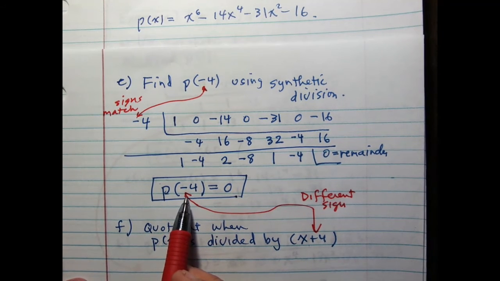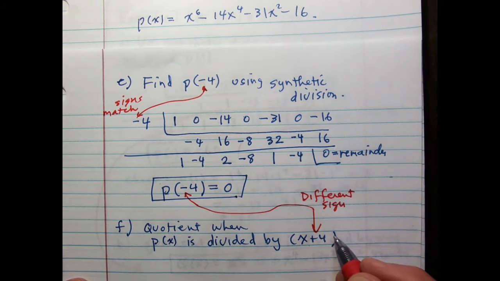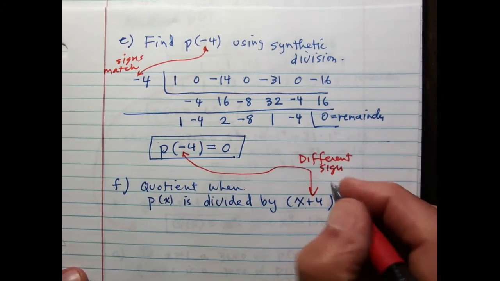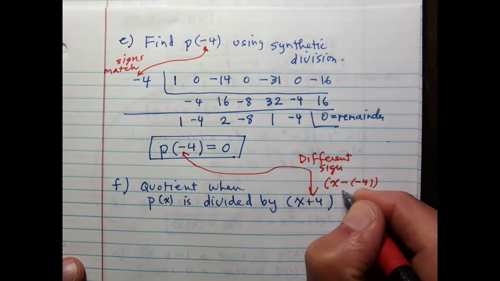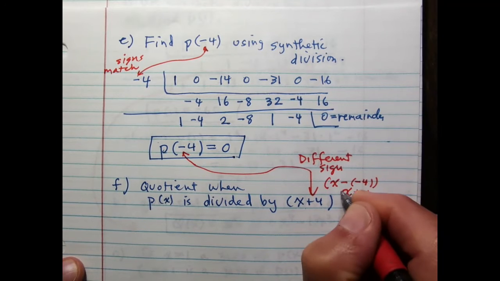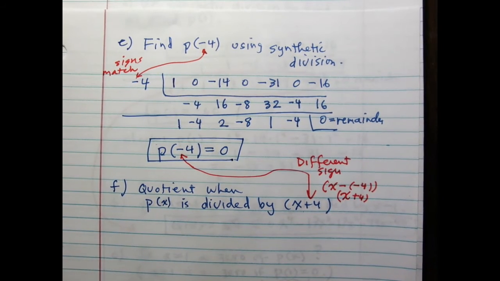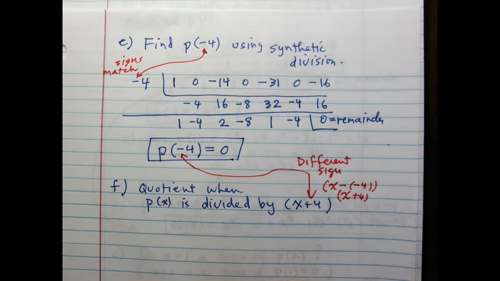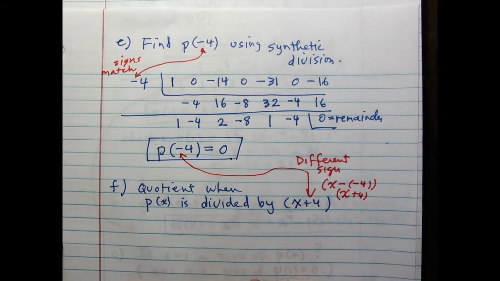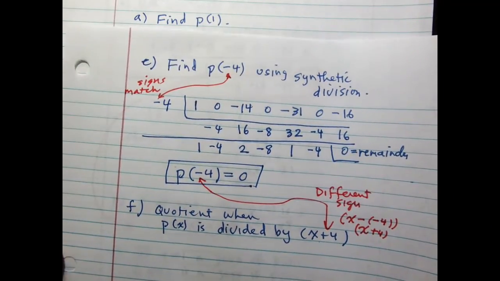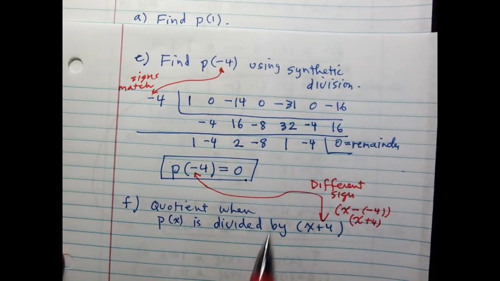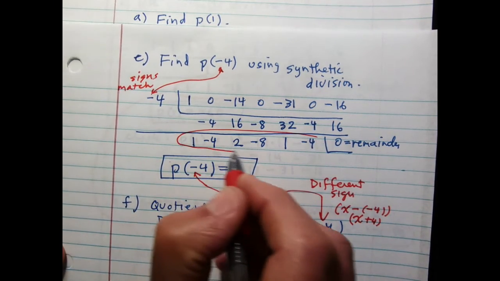When we're evaluating P of negative 4, this x plus 4 factor, it's kind of like we're taking x minus a negative 4, which turns out to be x plus 4, because our remainder theorem refers to x minus a number, right? So x minus a negative is plus. So the quotient on division by x plus 4 is given by these coefficients.